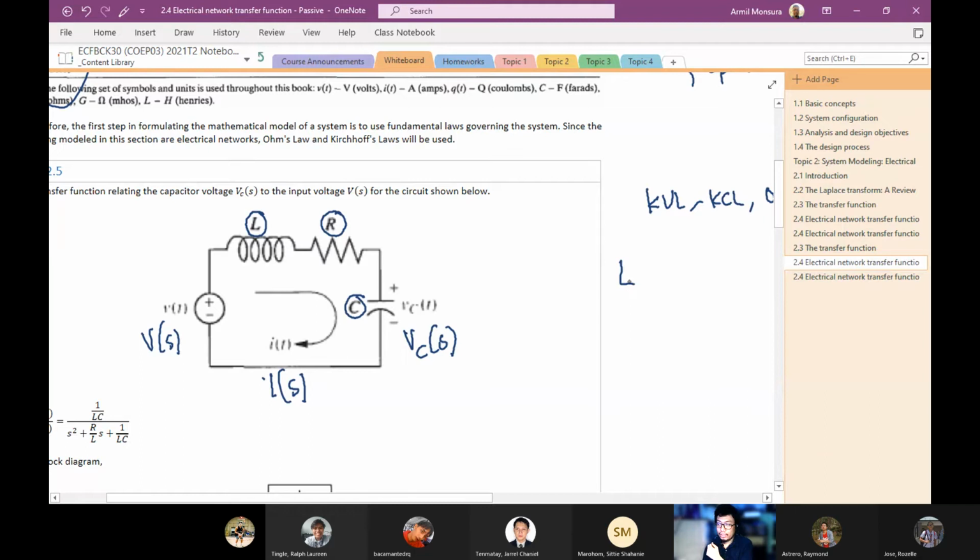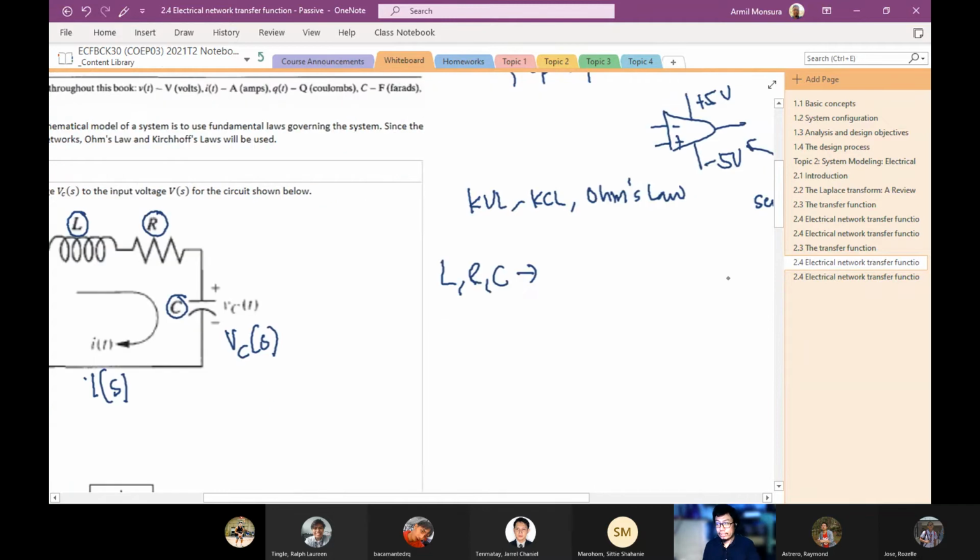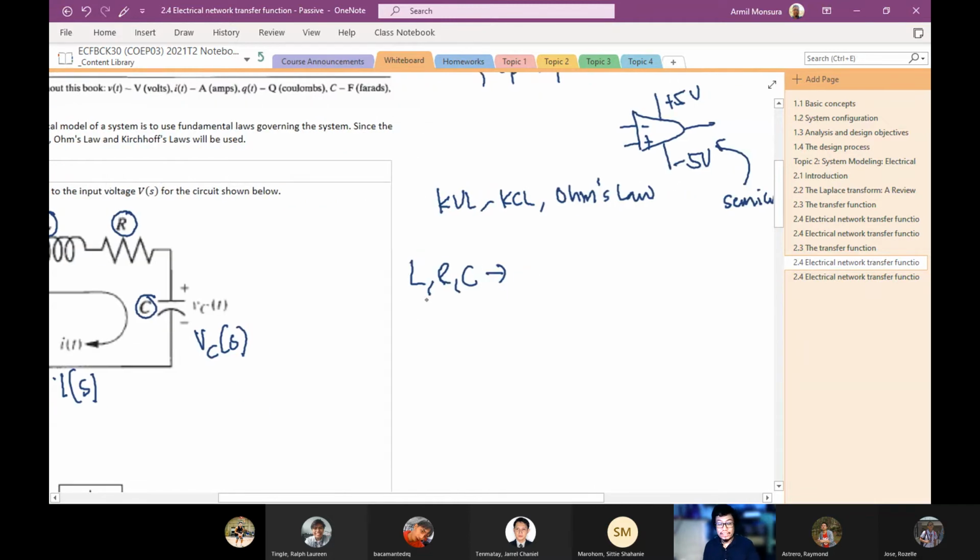So, this is a particular value na pinag-uusapan natin. Ganun din yung R at saka ganun din yung C. Tawag natin collectively these constants, basically they are constants. These constants in your circuit are called parameters.